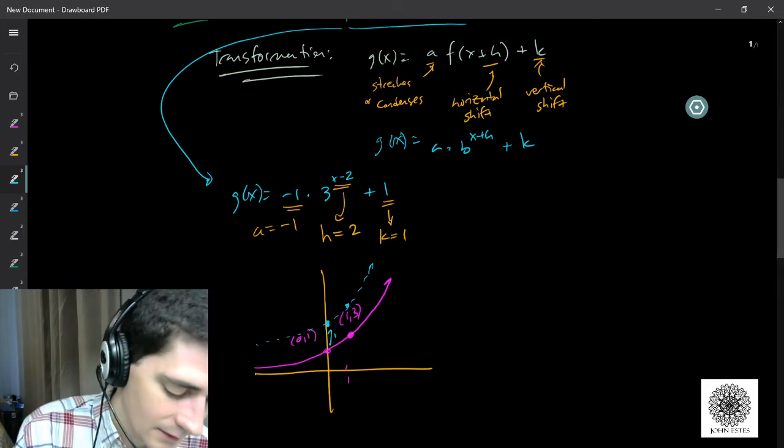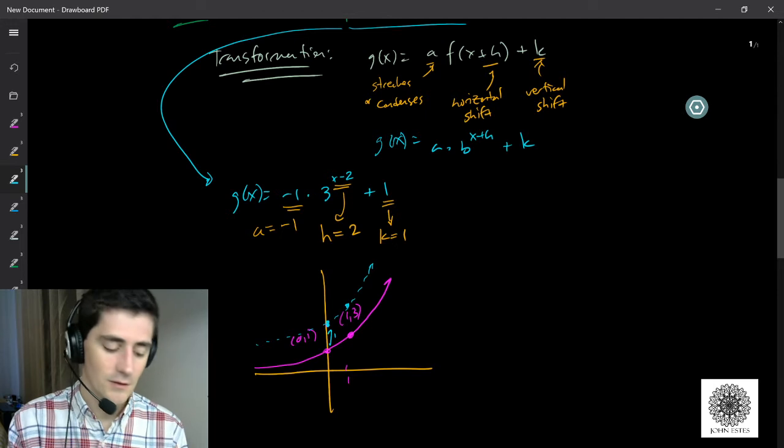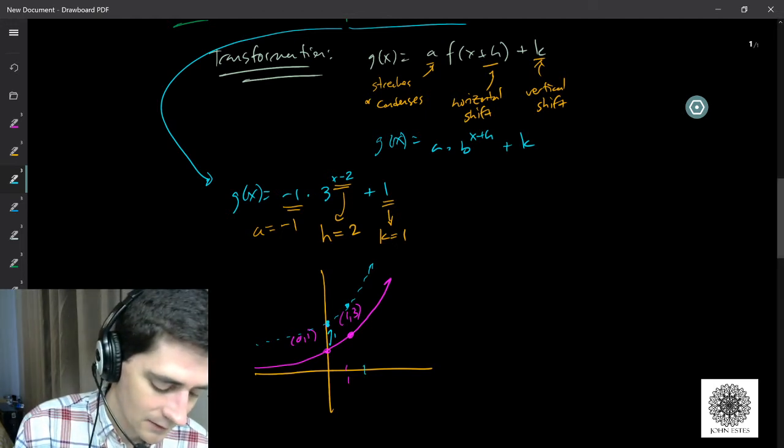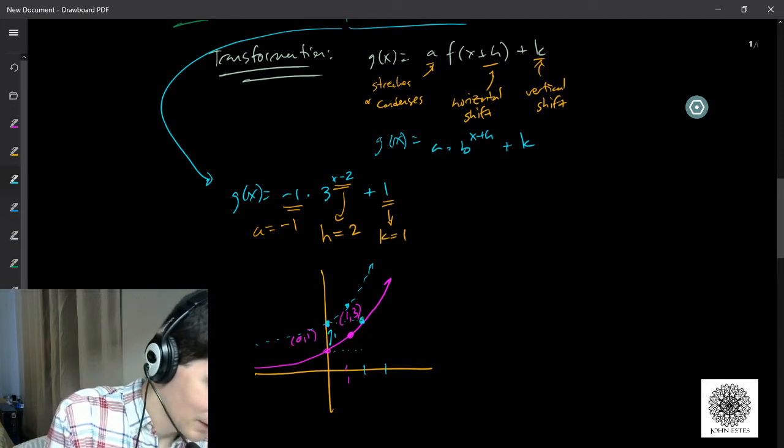All right. Now I'm going to apply my horizontal shift, which says I have to move everything 2 units to the right. So where I was at 0, I'm now at 2. So I have to move everything over 2 units, and I'm up here, right? So there's that spot. Let me change my color again.